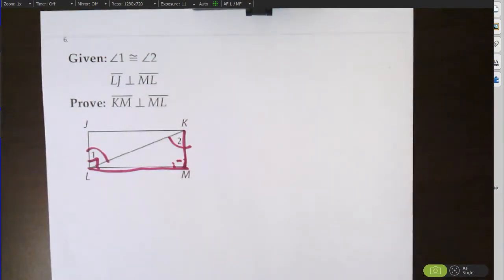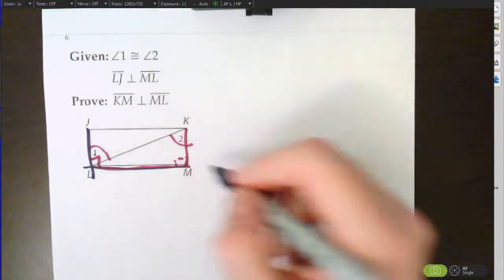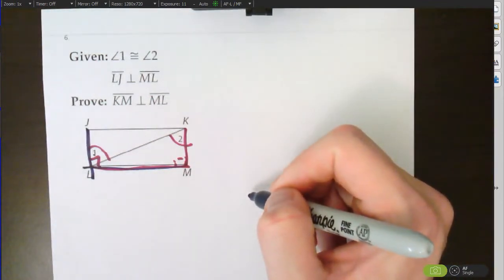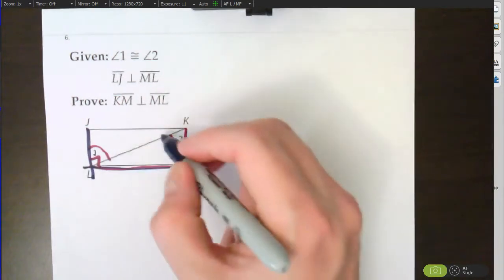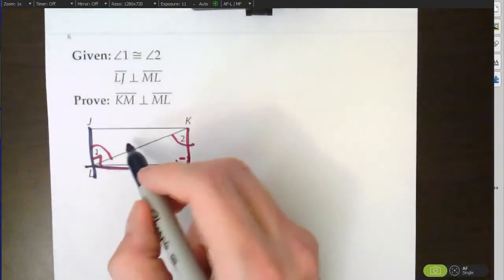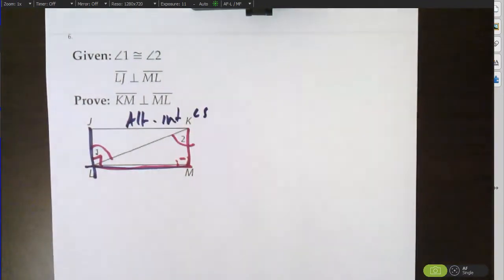And this one I hadn't looked at for a while. So here's what we know. We have a line that's perpendicular to this line. Okay. And we also have a pair of angles that are congruent. And these angles 1 and 2 are alternate interior angles.